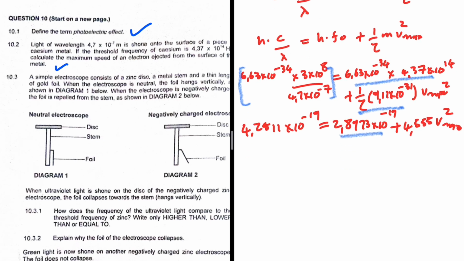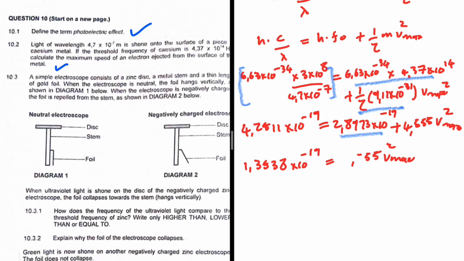So 4.2511 minus 2.8973 is equal to 1.3538 times 10 to the minus 19. This is equal to 4.555 v max squared. So we can divide both sides by 4.555.